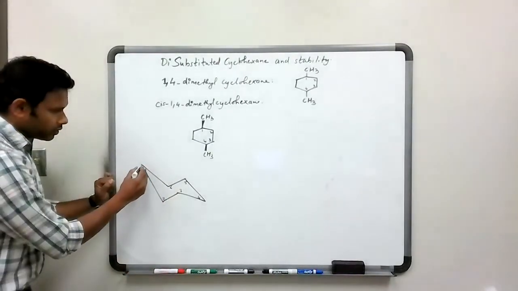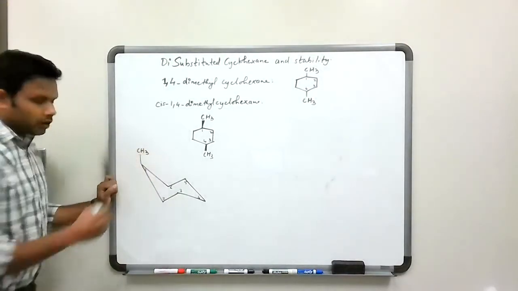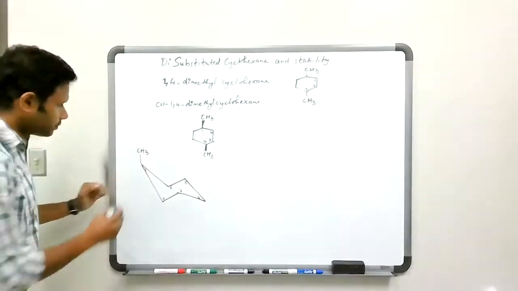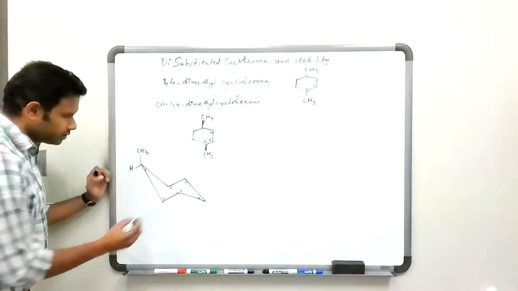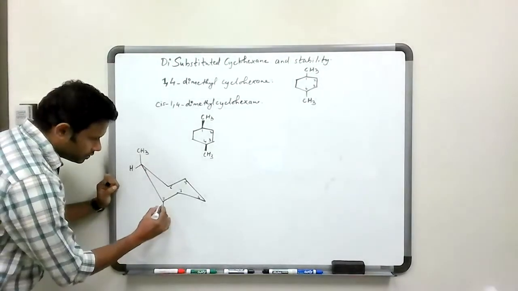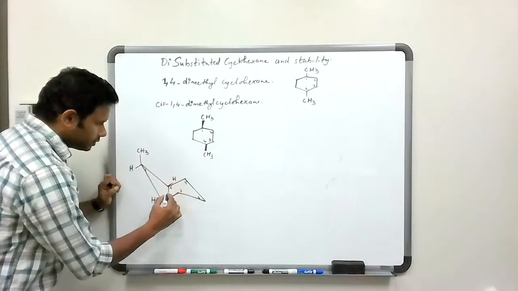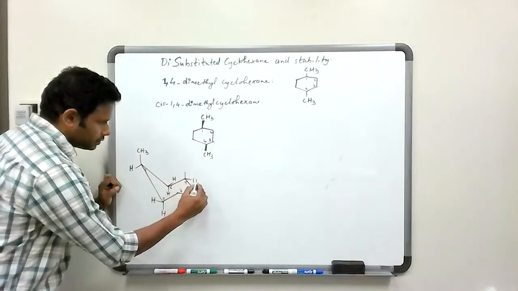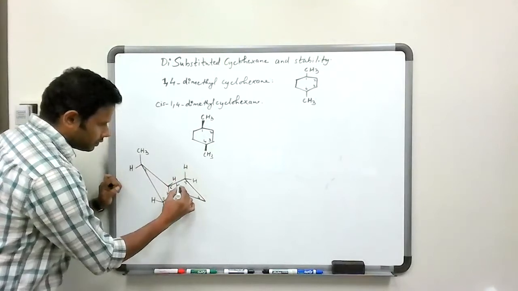Okay, so for carbon number 1, I'm going to put a methyl group on the axial position. And then remember, there's a hydrogen here on the equatorial position. There should be hydrogens here, hydrogens here. We have hydrogens on that.